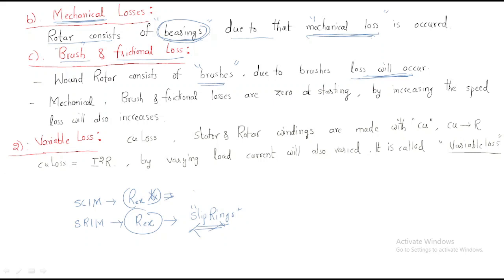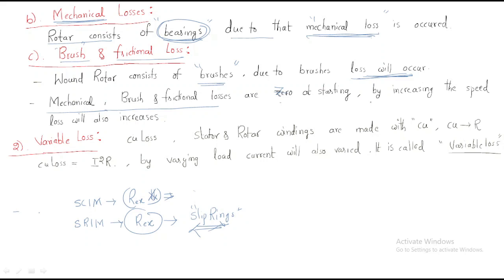So that is about brush and frictional losses. Frictional loss occurs simply due to the brushes. And we have a point: mechanical and brush and frictional losses are zero at starting. By increasing the speed, these also increase.